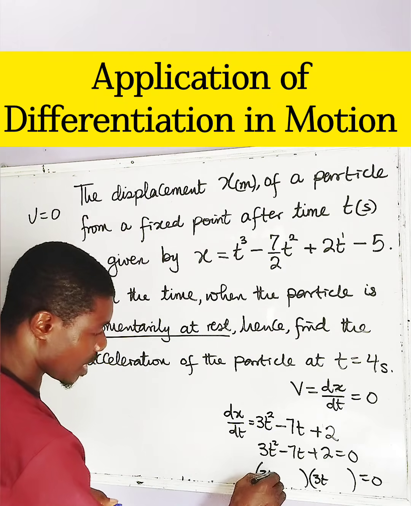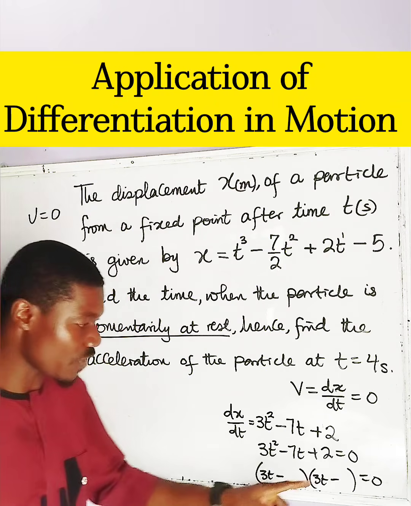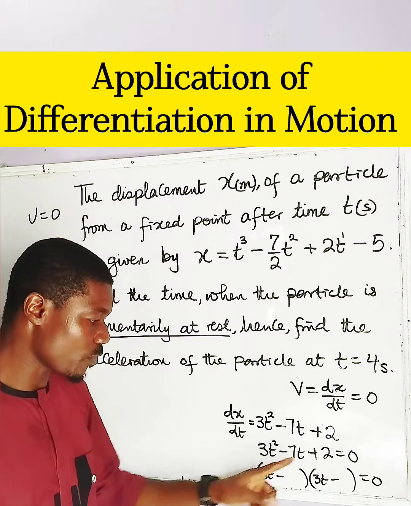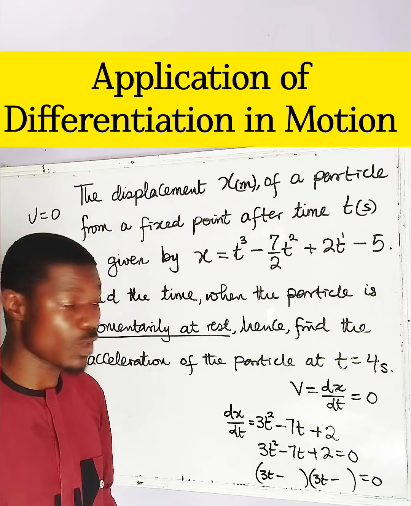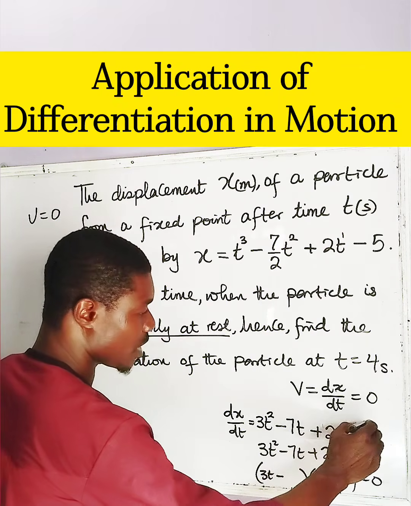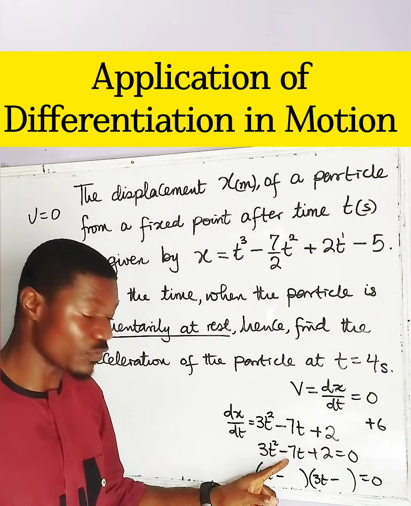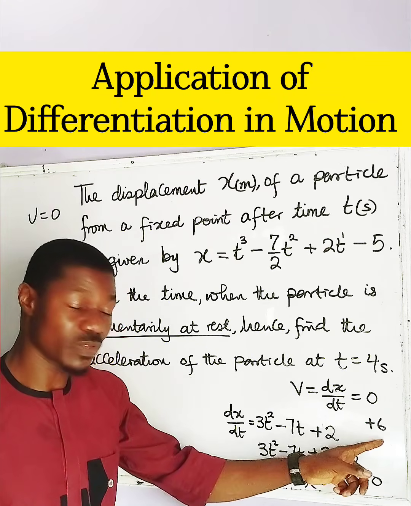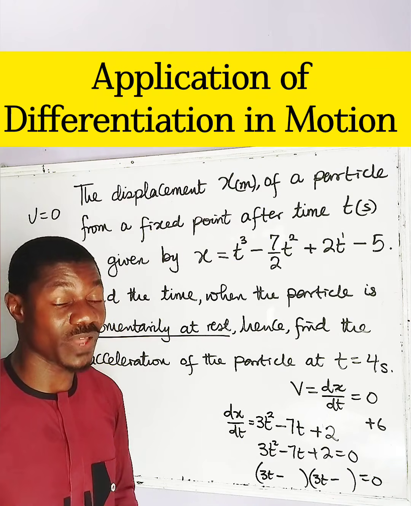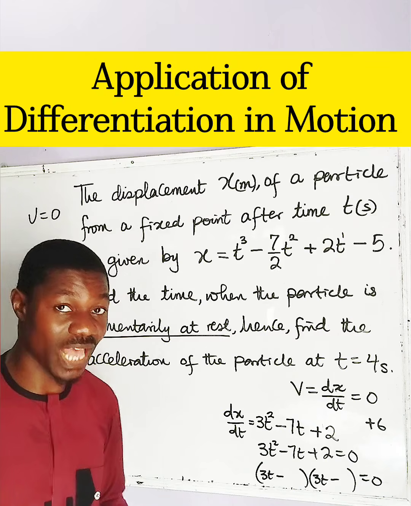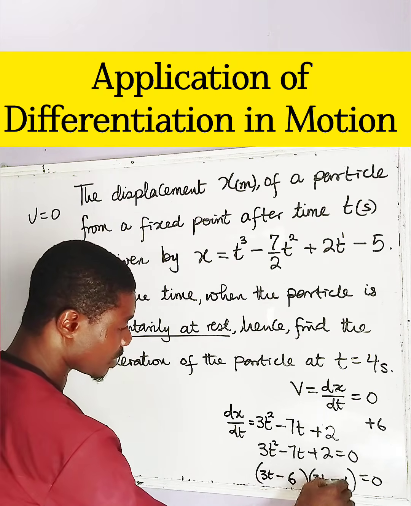So let us put negative, then negative. Now to find our final product, we multiply the leading coefficient, which is 3, times 2, which will give us positive 6. And our sum is negative 7. So what do we multiply to give positive 6 and when added give negative 7? That should be negative 6 and negative 1. So you can put that here, 6 and 1.